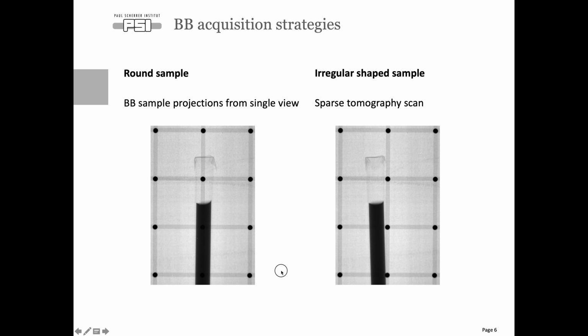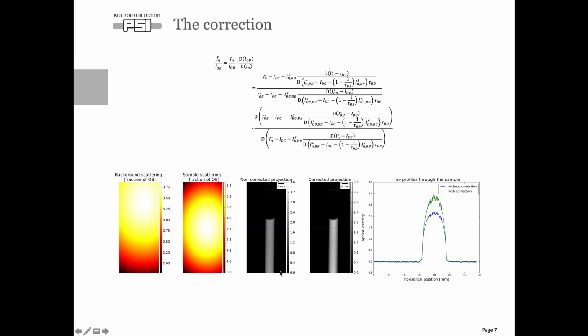And then the correction itself is a revised version of the normalization that you normally do. You can see here that there are a lot of contributions that are calculated from the black bodies. So from these black body images, you can compute some background scattering contribution, you can compute the sample scattering, and first you have the sample without correction here.